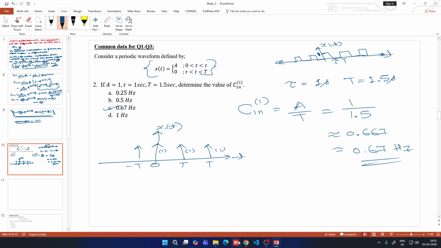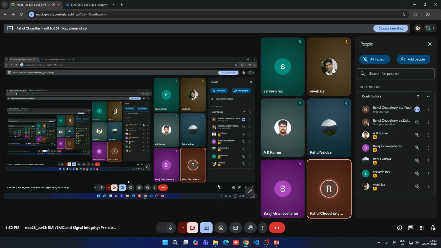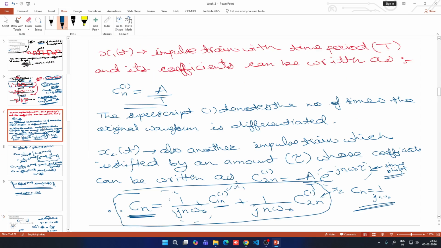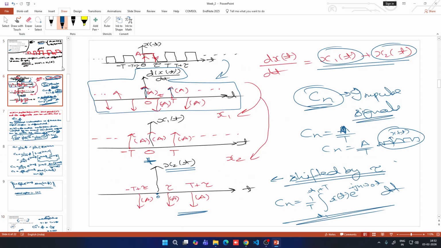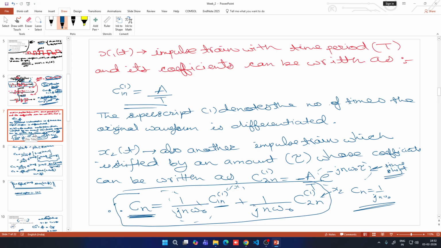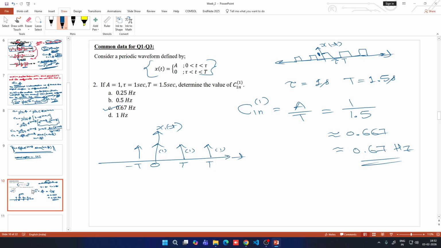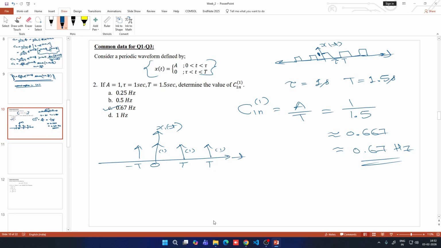If you have any doubt in this question number 2, please let me know. Since you may be finding it difficult because of the handwriting, it's difficult to write in this PowerPoint, and the pen is also not responding very well. So after this session is over, I will record the session, and also I will upload handwritten solutions of these problems, which you can find in the NPTEL portal.